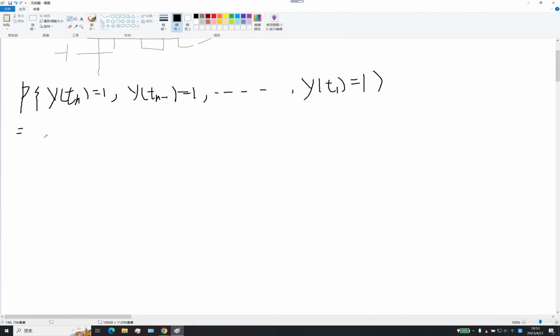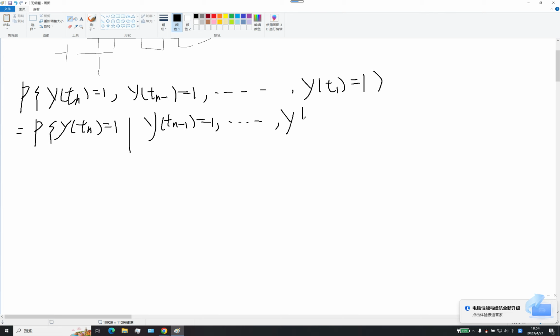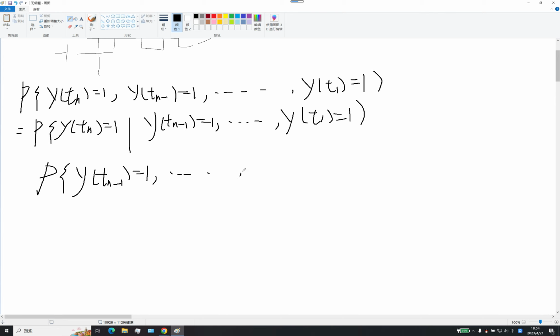It can be written in the conditional probability form, which is P(y(tn) = 1) on the condition of y(tn-1) = 1 and y(t1) = 1, and multiplied by P(y(tn-1) = 1, and also y(t1) = 1).